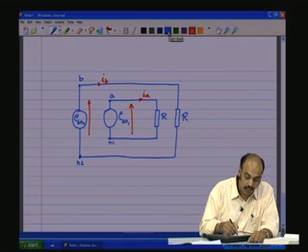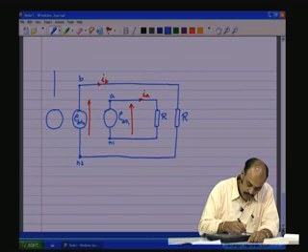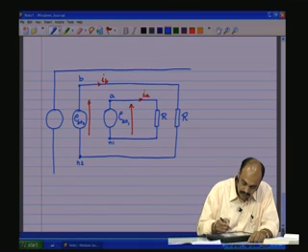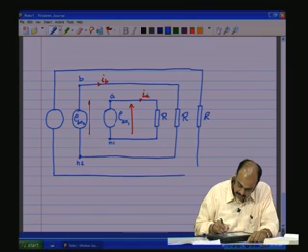Now, I put one more, the third. I have one more source supplying a load resistance R, and that is also not electrically connected to the other two sources.